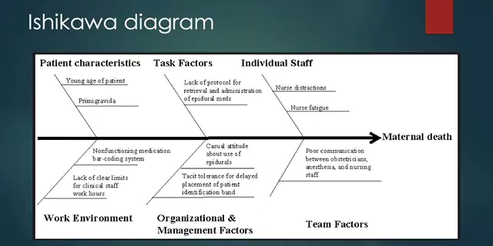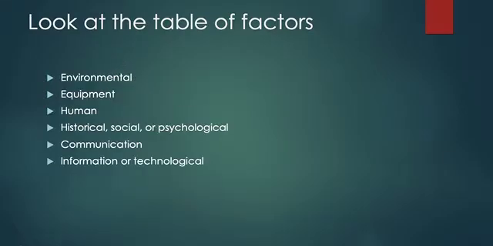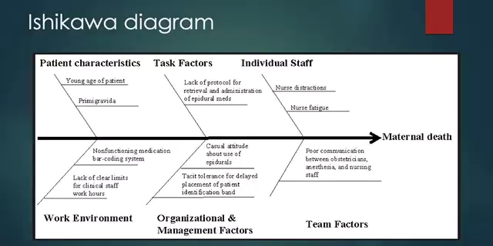Here's an example of an Ishikawa diagram. This is a pretty serious problem. It's maternal death, so mothers who are dying in childbirth. And they have a whole bunch of causal factors here. All of these are causal factors. And what these are up here are categories, right? So they're categories like I've listed here, but they've listed a few different categories.